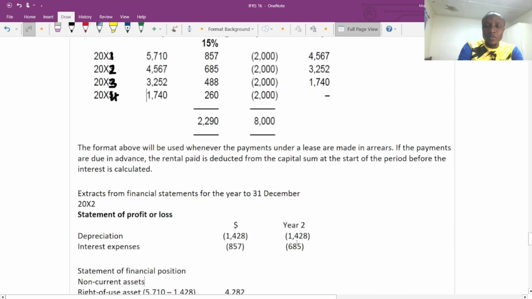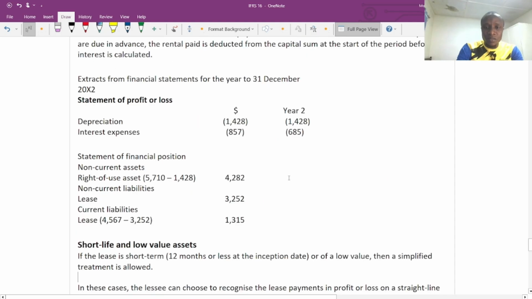So it's simple. So the right of use asset for year two will be 4282 minus the depreciation. So this will give us 4282 minus depreciation.